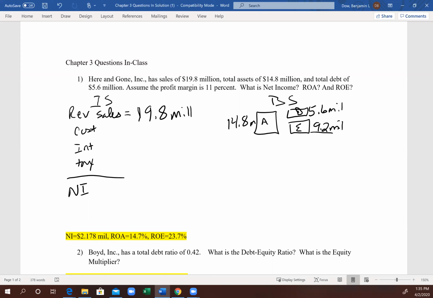So it says, hey, assume the profit margin. Remember, the profit margin was something I wanted you to memorize. If the profit margin, which is net income to sales, is equal to 11%, and we know sales were 19.8 million, we could find net income.